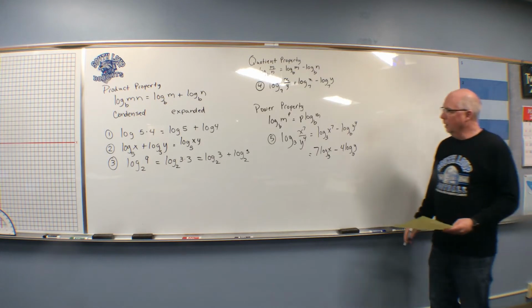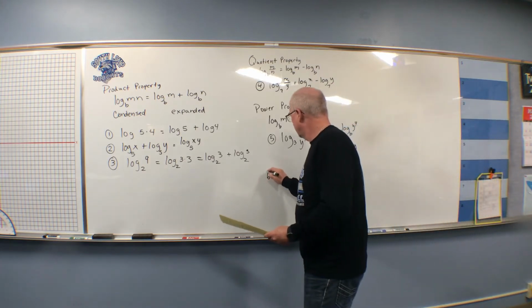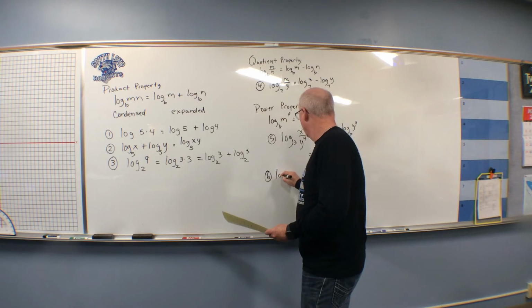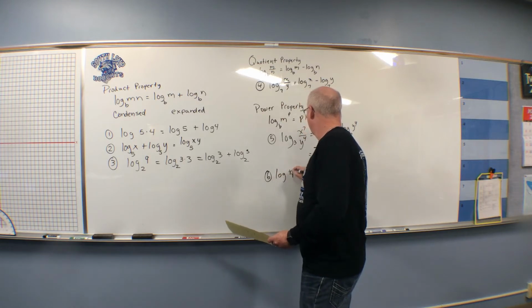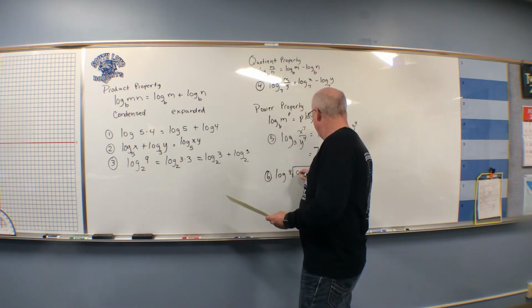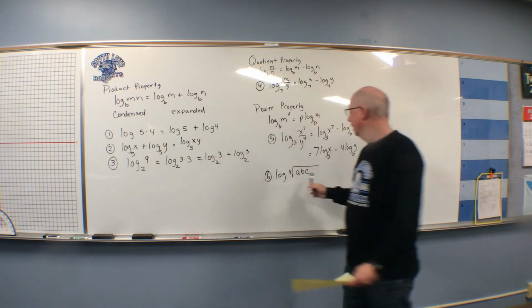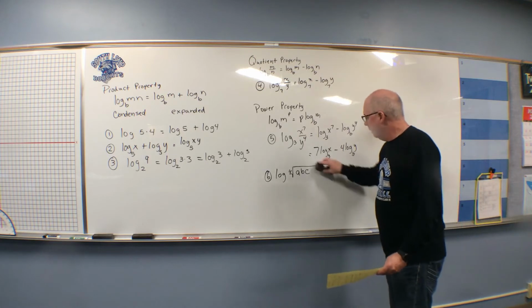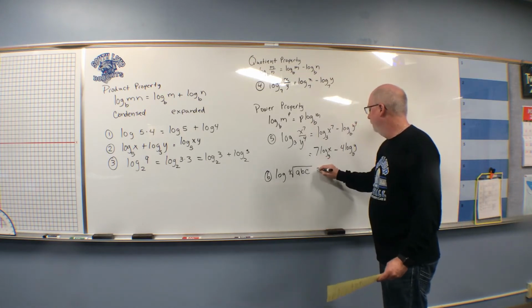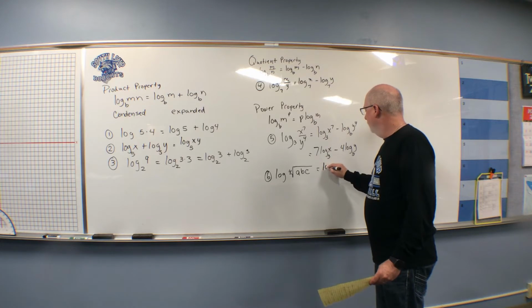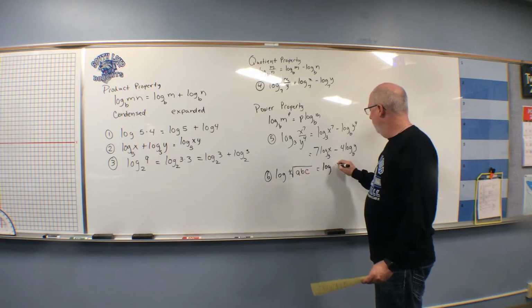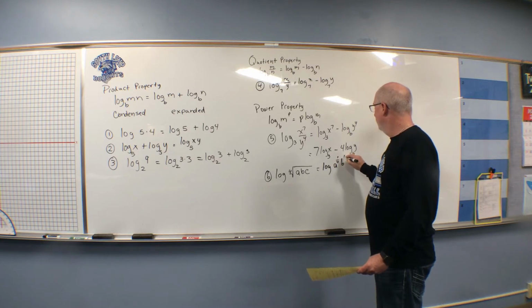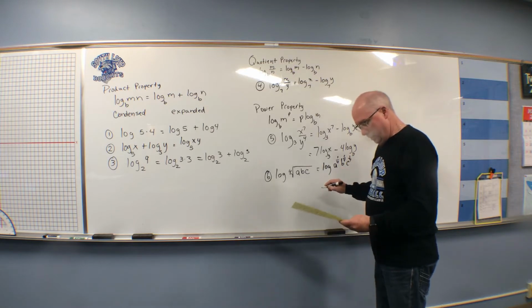Let's take a look at this example where I have the log of the 4th root of a, b, c. So the product of a, b, and c, and it's the 4th root. If you think about this from earlier algebra, we learned that the 4th root is the log of a to the 1/4 power times b to the 1/4 power times c to the 1/4 power.